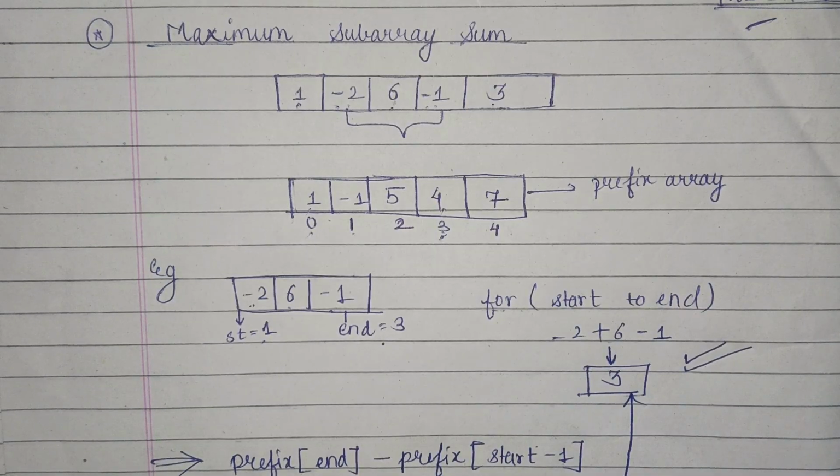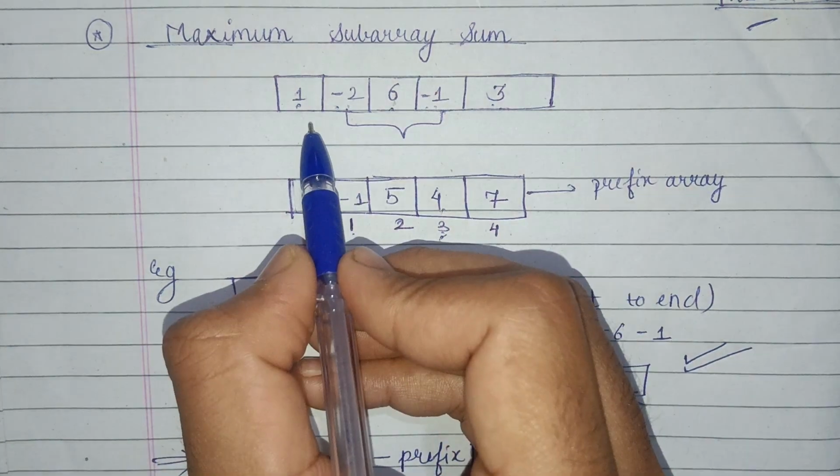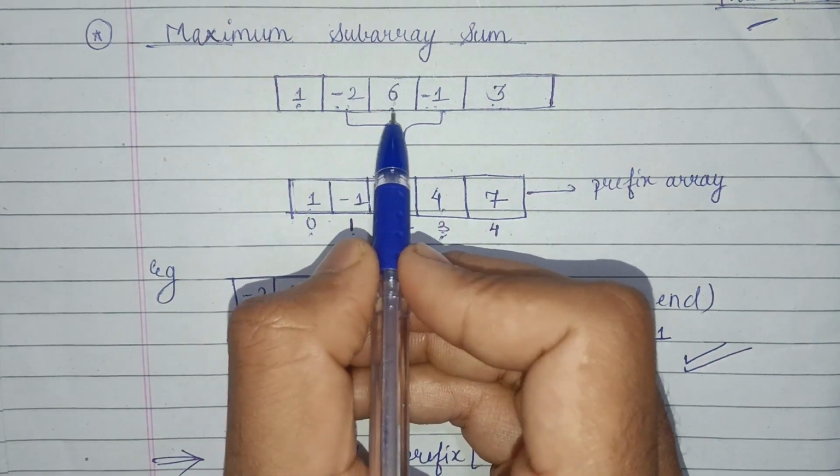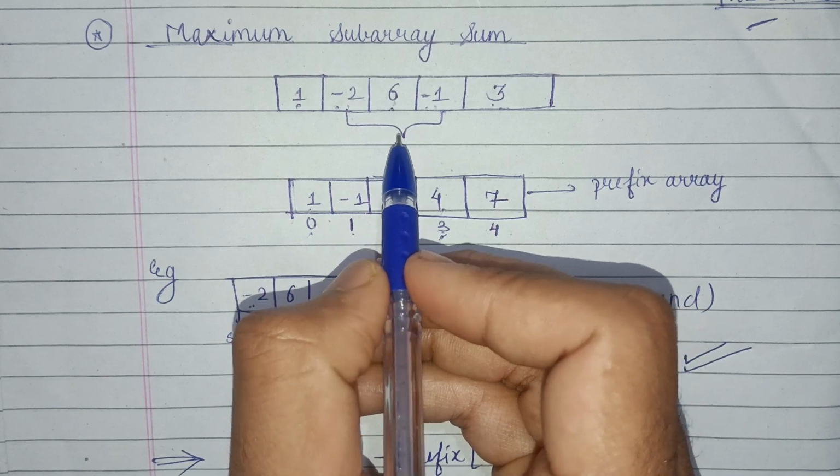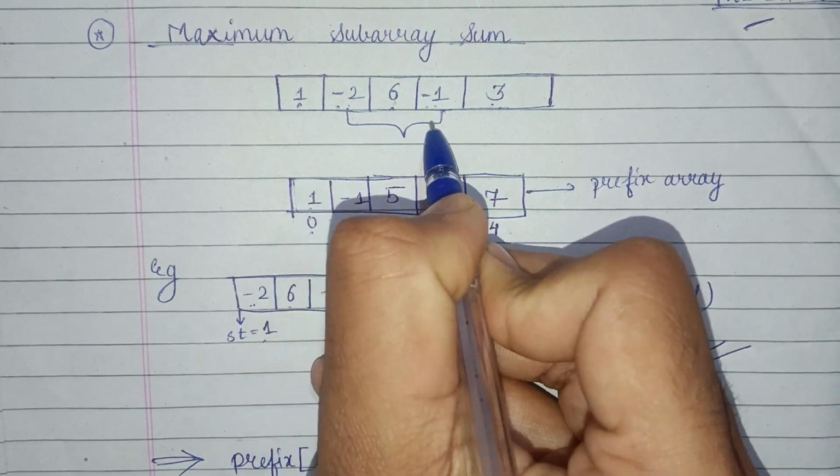How can we create the prefix array? We already know the previous sum, so we just have to add the current element.